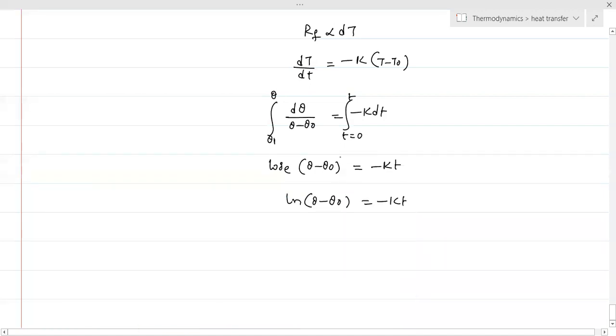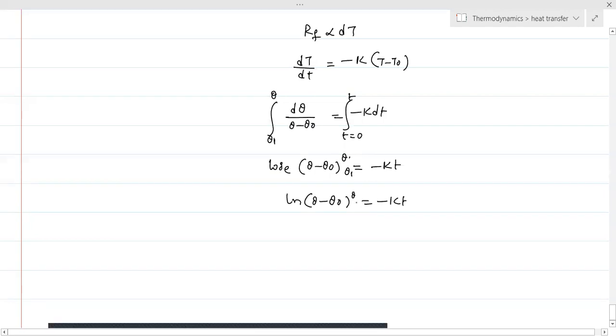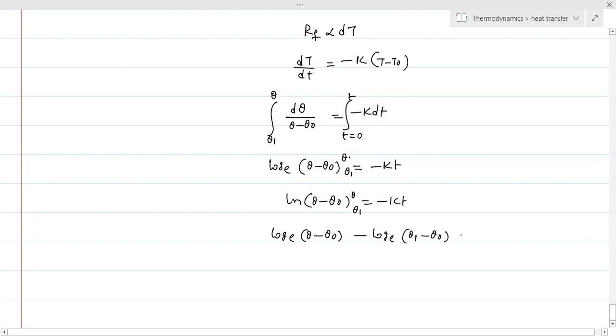But we have specific limits, θ and θ1. So now I am writing log base e (θ minus θ naught) minus log base e (θ1 minus θ naught) equal to minus kt.